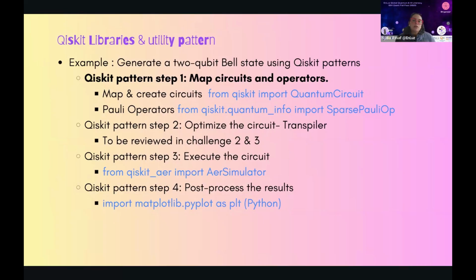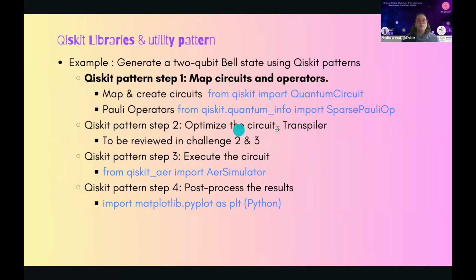Now, in terms of the Qiskit libraries and utility patterns, we're trying to take you through steps similar to what Raynell described, and this is just a reiteration of a lot of that in a different way. We want to map the circuits that we import into different ones. So for this one, we use the sparse Pauli operators.